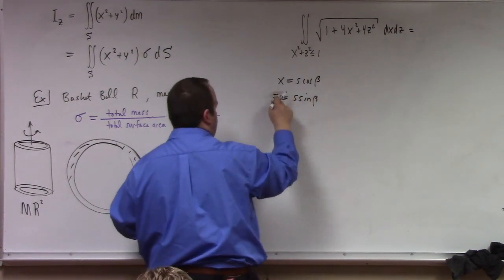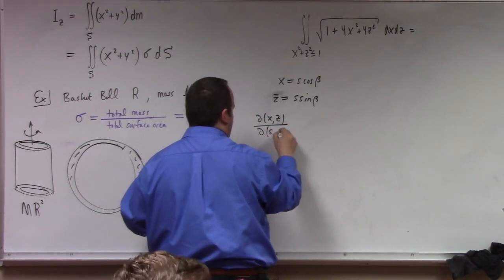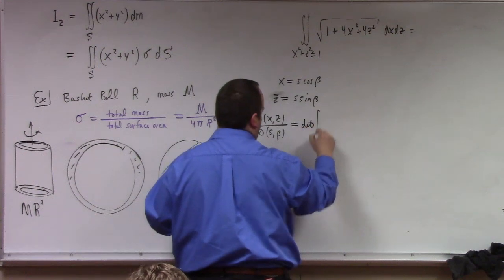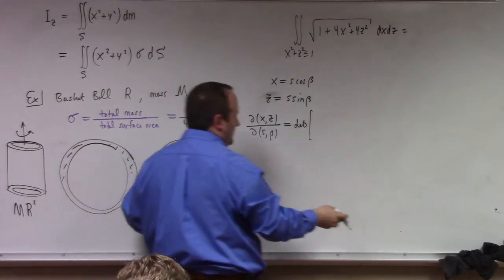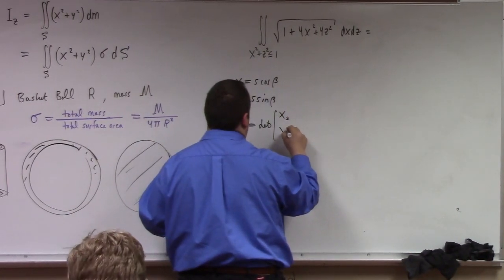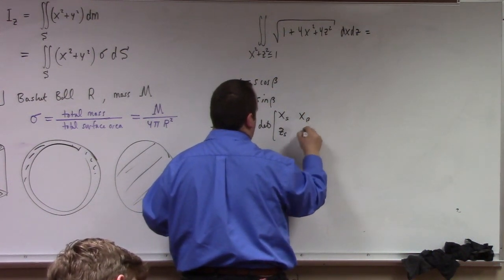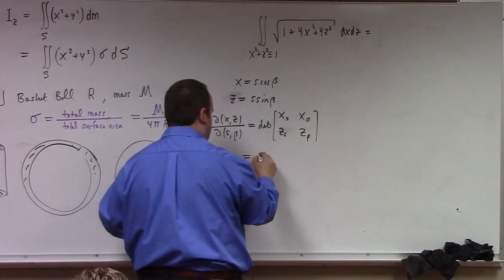You can calculate the determinant of the partial of x, z with respect to s, beta. Through the usual, x sub s, z sub s, x sub beta, z sub beta, and so what does that give us?